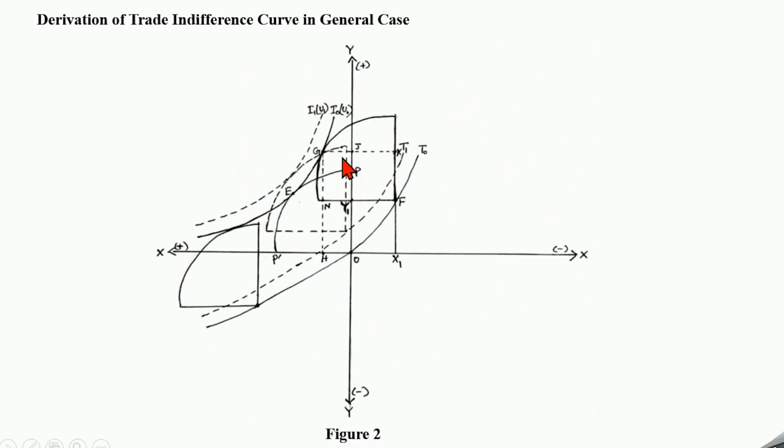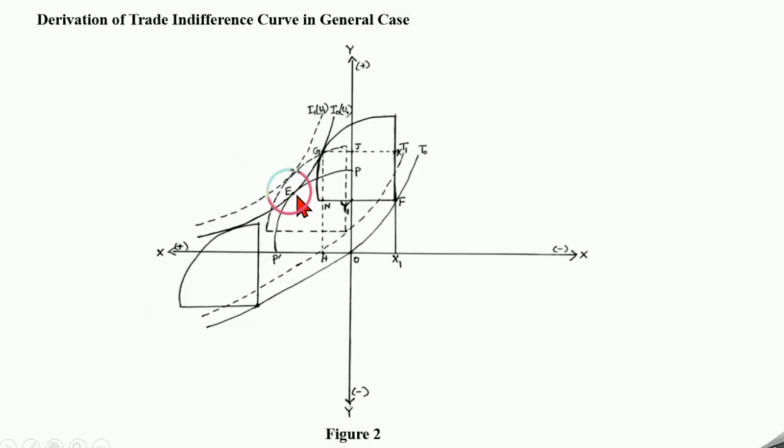So here it is concave, and we see that this production possibility frontier is tangent with the highest possible community indifference curve I0 at point E. So, under autarky, the country is producing and consuming at point E that lies on the community indifference curve I0 that enables the economy to attain the welfare level U0.